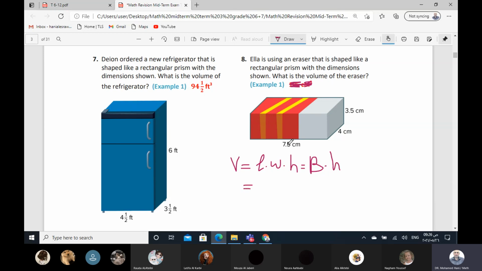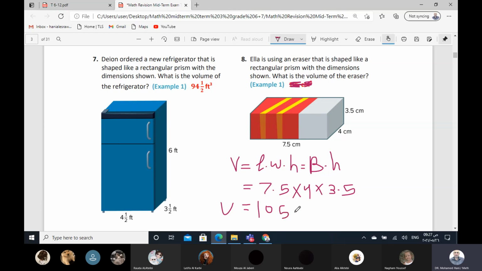As you see here, we have the length 7.5 times the width 4 times the height 3.5. Now V equals 7.5 times 4 times 3.5, so the answer will be 105.